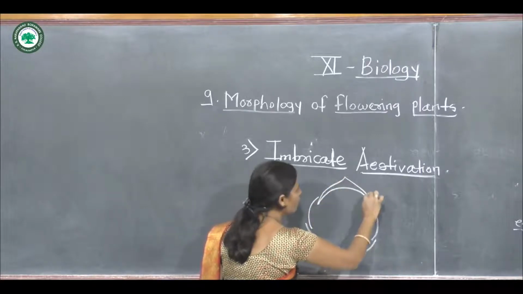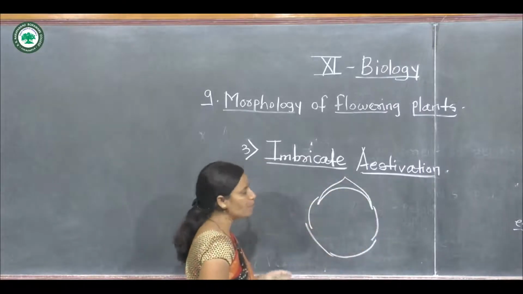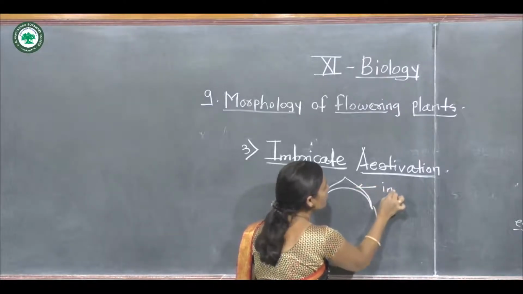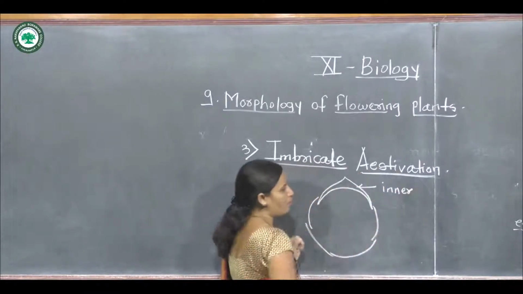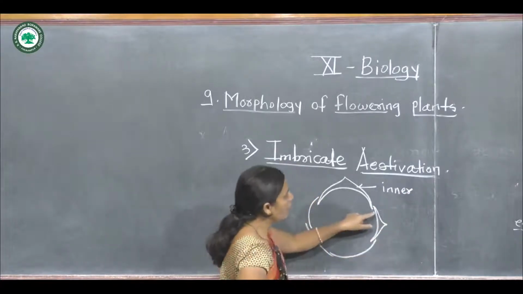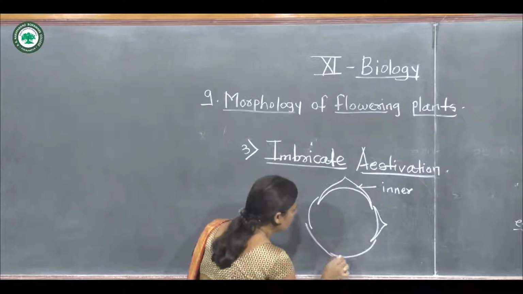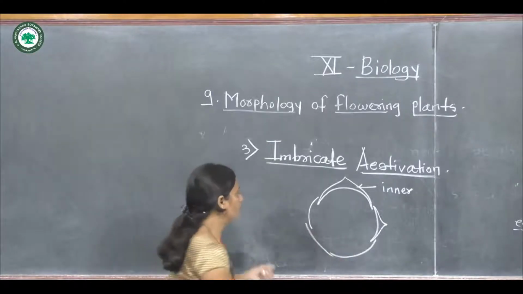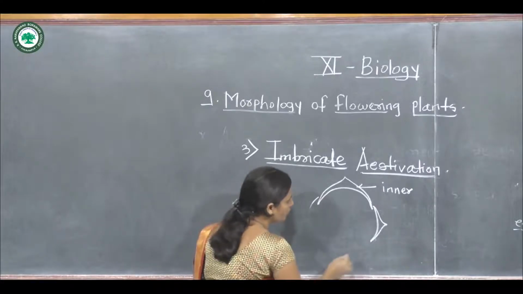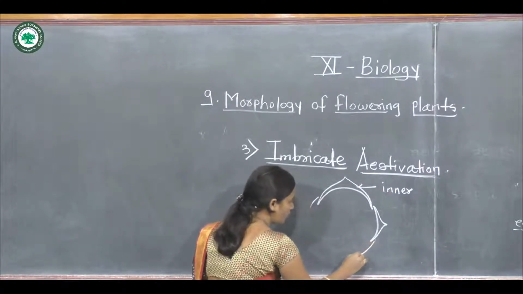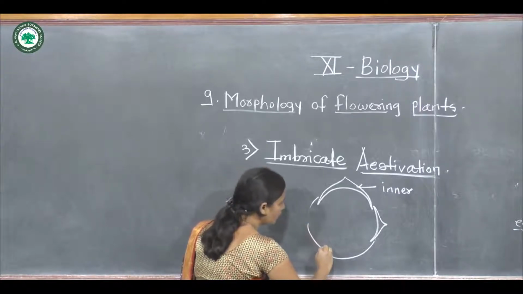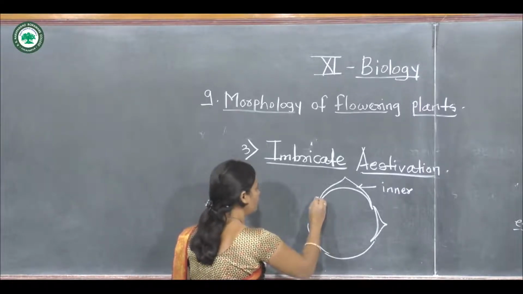One of the sepals is a completely inner whorl, the other is overlapping, and this one is completely outer.